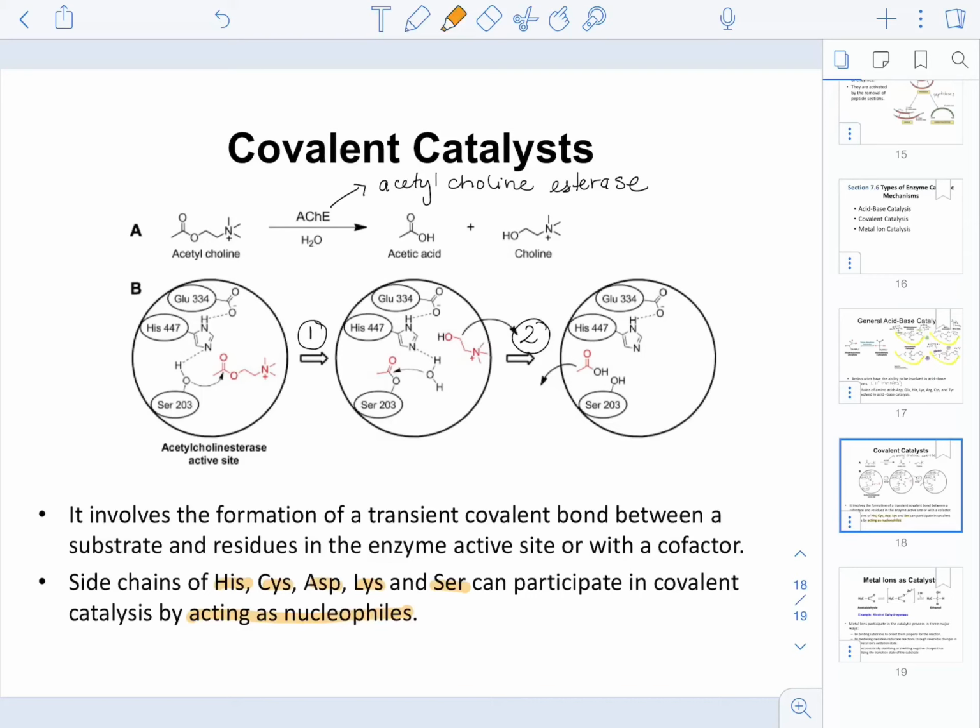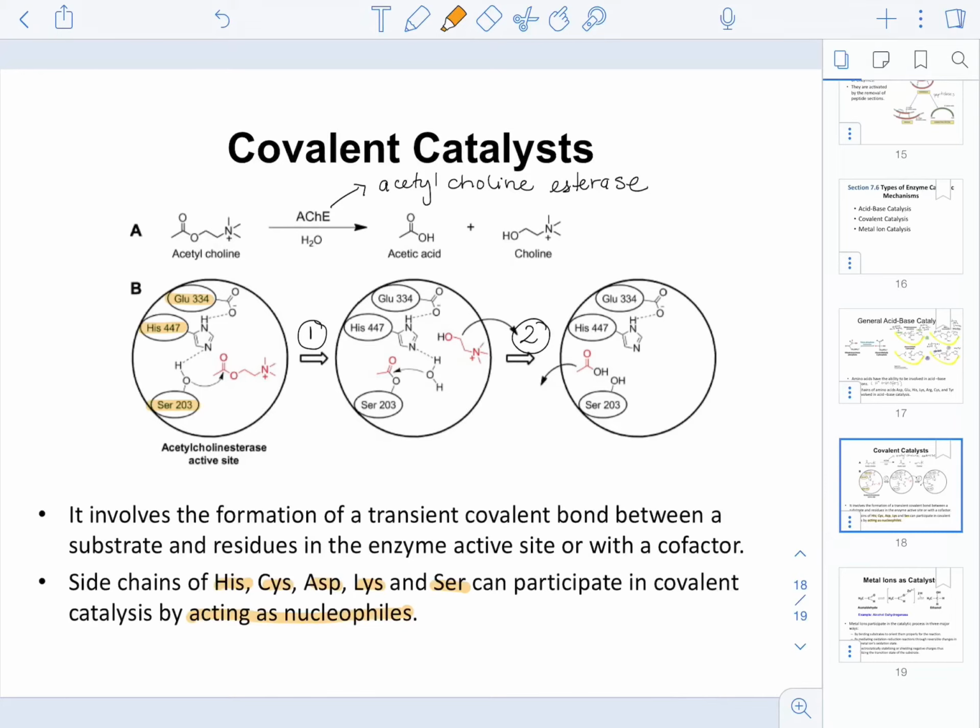The important residues here are glutamic acid 334, histidine 447, and lastly, serine 203. Understand that the first 3 letters are the 3-letter code for the amino acid. The number means the location of that amino acid in the protein. So that's what that means, just in case.